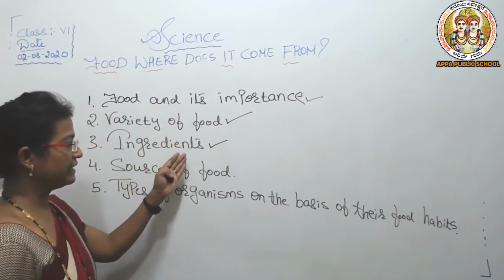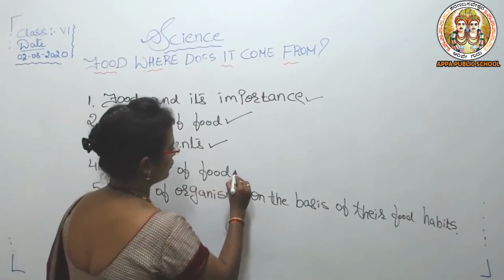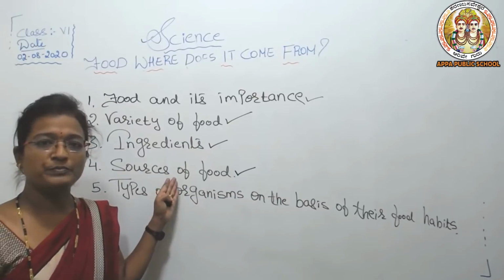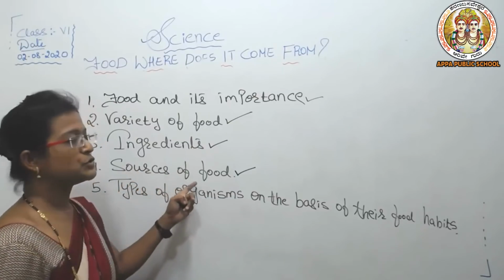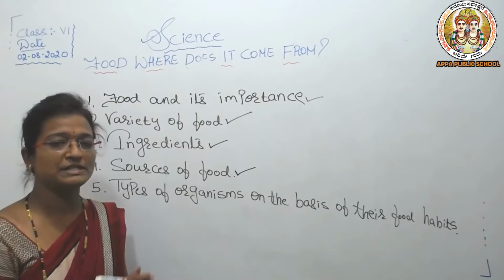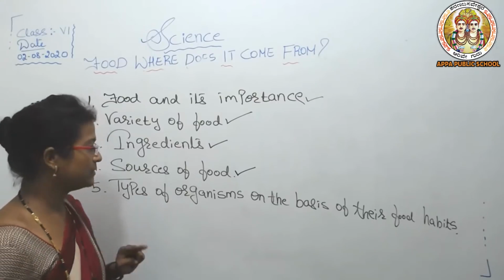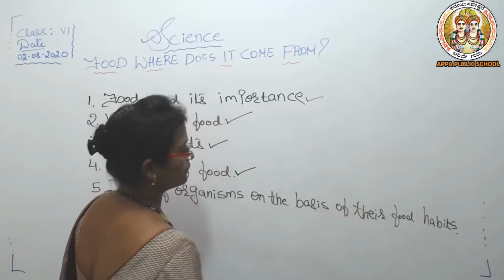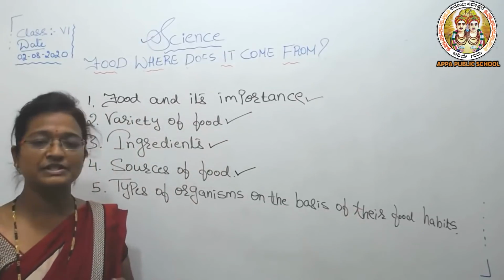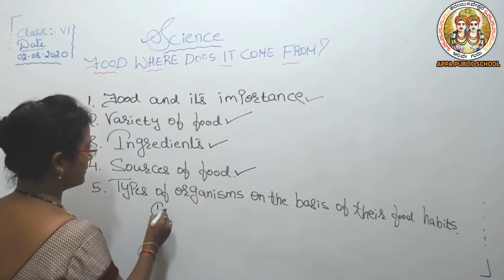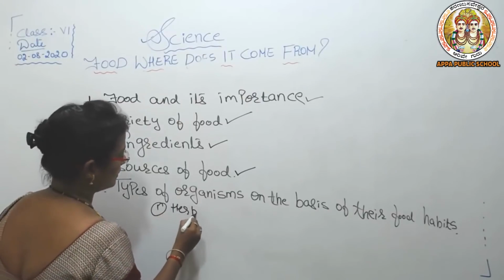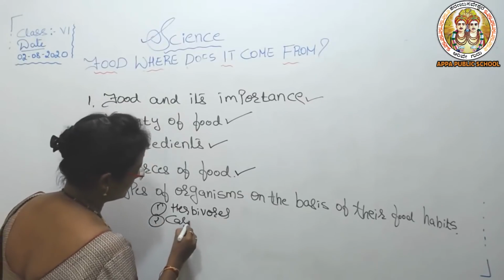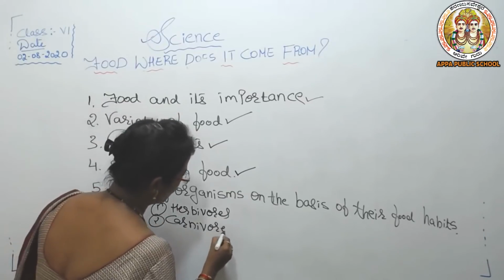Sources of food are the plants or animals from which we obtain food. Here come two sources, plant source and animal source. And at last, types of organisms on the basis of their food habits: herbivorous, carnivorous, and omnivorous.